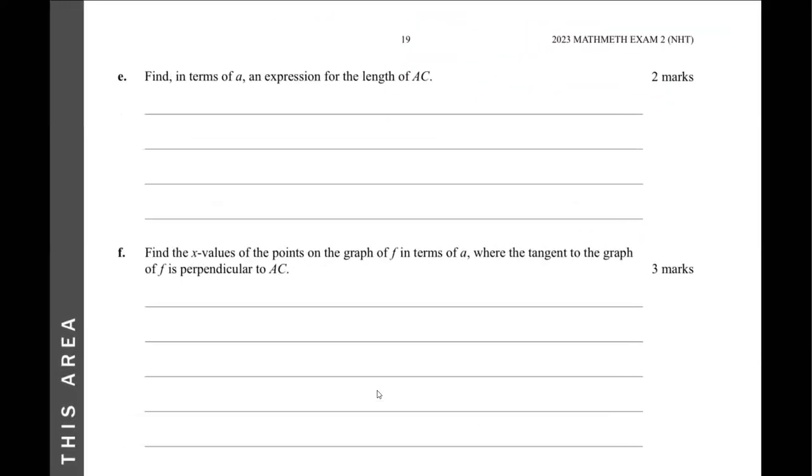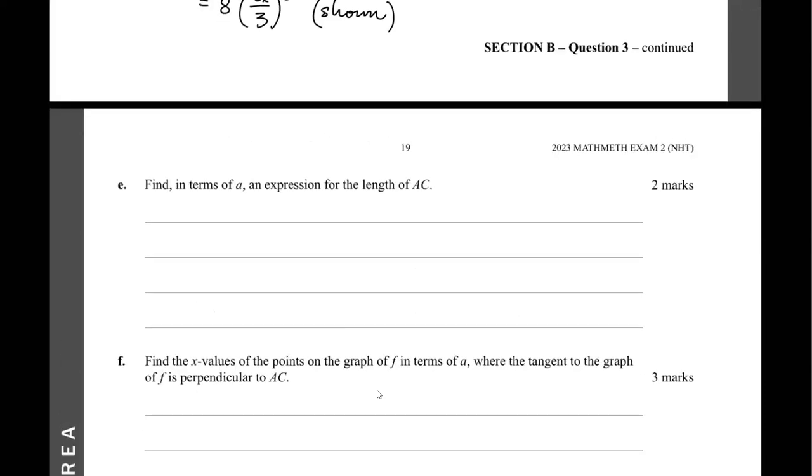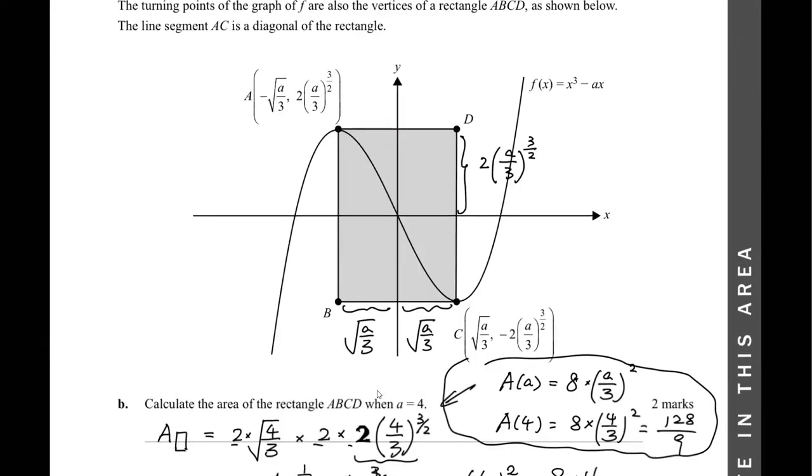Okay, find in terms of a an expression for the length of AC. And F, find the x values of the points on the graph of f in terms of a, where the tangent to the graph of f is perpendicular to AC. So what I'm trying to do is, this graph is an odd function. If it's an odd function, not only do we have f of minus x equals minus f of x, but we also need to notice some symmetry, rotational symmetry about the origin.